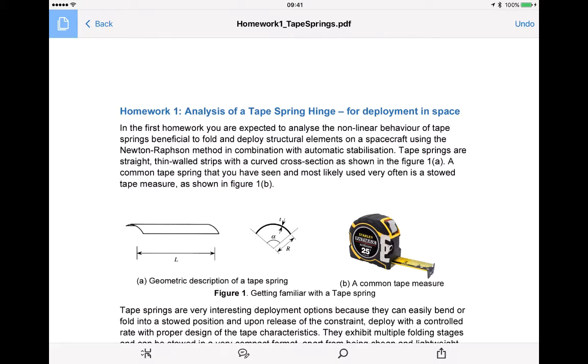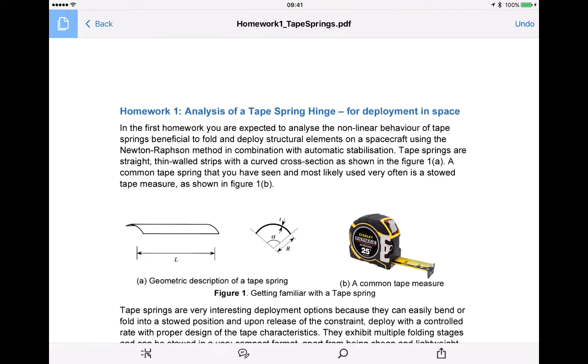That is exactly why we want you to study the tape springs in general first, and then we use it as a combination in a hinge mechanism to be used for deployment of objects in space. Most of the time they are used for optical objects, like telescopes and larger optical measurement equipment, etc.